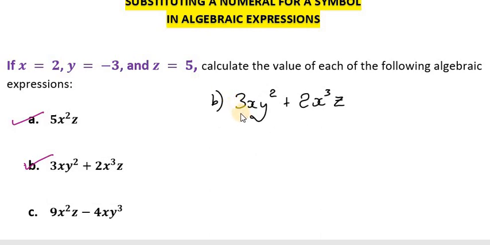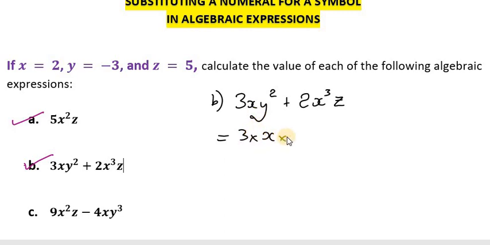In question B, we have the expression 3xy squared plus another term 2x cubed z. And so we can simplify this first off by first substituting the variables with numerals. So we're going to replace x, but before we do that, we can just expand first off.